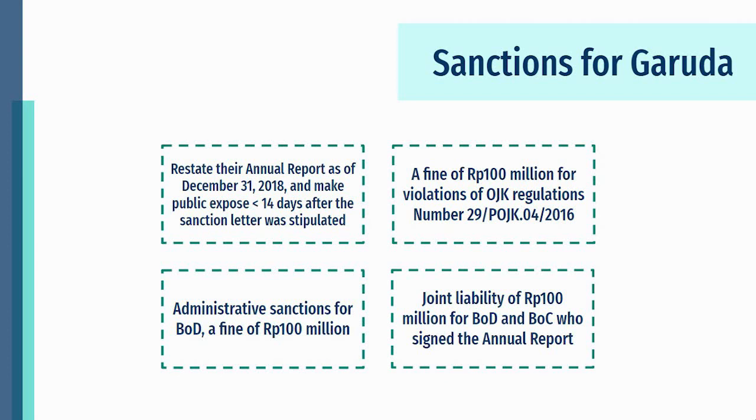Sanctions are also given to all members of the Board of Directors of Garuda Indonesia in the form of administrative sanctions, a fine of 100 million rupiah each for violation of OJK's regulation concerning the responsibilities of the Board of Directors for financial statements. The joint liability of 100 million rupiah is also imposed on the Board of Directors and Board of Commissioners of Garuda Indonesia who signed the annual report because it violates OJK regulation concerning the annual report of issuers or public companies.